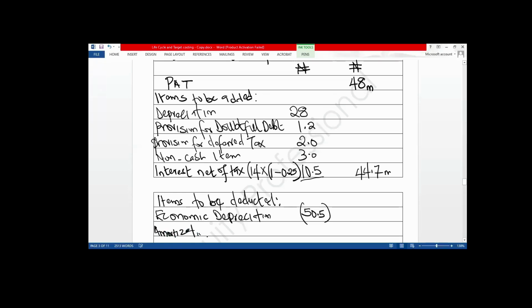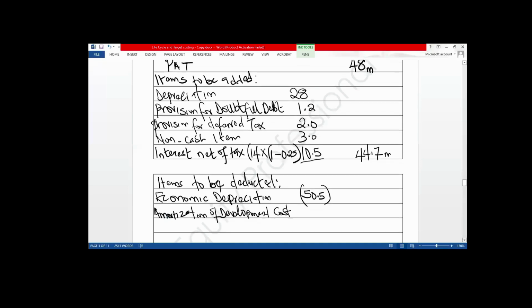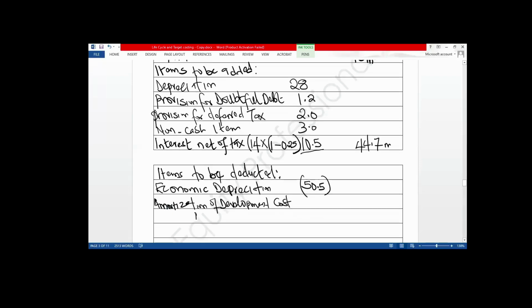Amortization of development cost. The development cost is 5 million naira. The amount is 5 million, and the benefit is for 5 years.